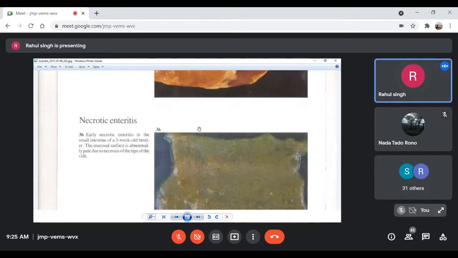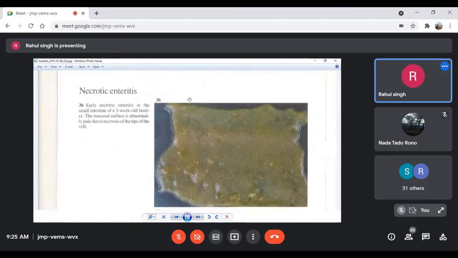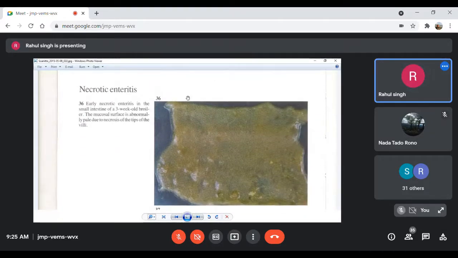Now we come to necrotic enteritis. This is the intestine that is cut open, and it is showing fluid content, and if you see, it is literally transparent in most part. You can see through and through it. There is so much denudation of the mucosa.